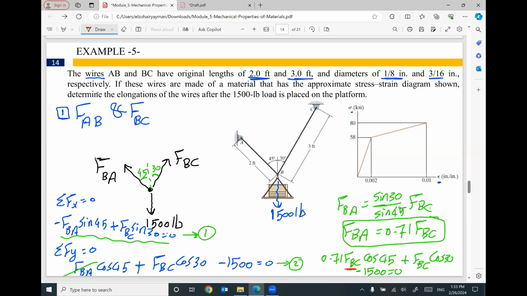The value of FBC will equal 1098.1 pound. So the value of FAB will equal 779.6 pound.